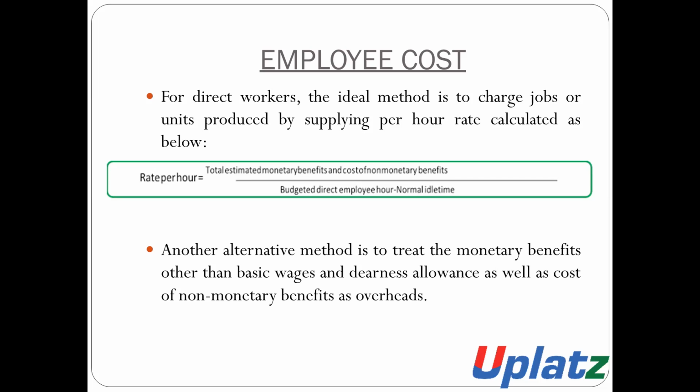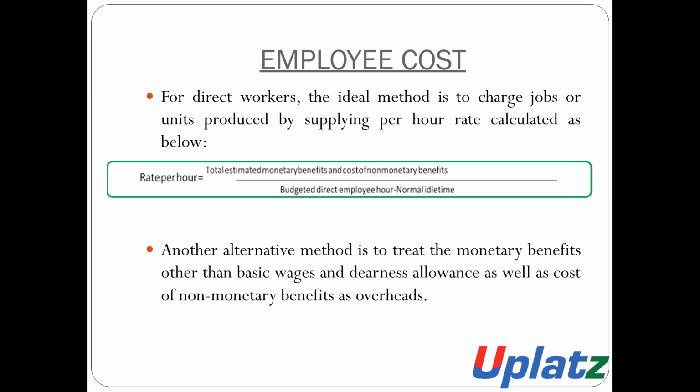Rate per hour is equal to total estimated monetary benefits and the cost of non-monetary benefits, divided by budgeted direct employee hours less normal idle time.